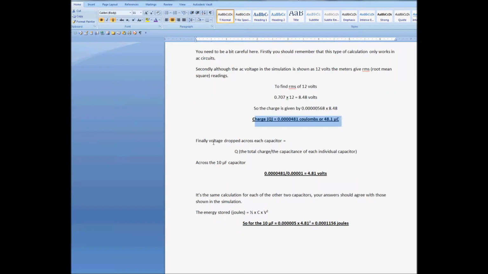We can now find the voltage dropped across each capacitor. It's equal to the total charge divided by the capacitance of each individual capacitor. I'm going to look at the 10 microfarad capacitor. That's that one there. And you see we take the total charge here and we divide it by the capacitance, which is 10 microfarads.